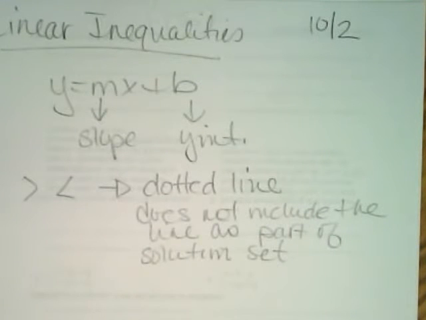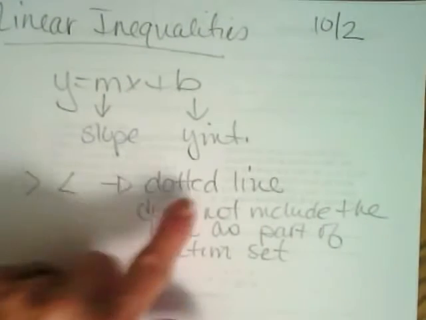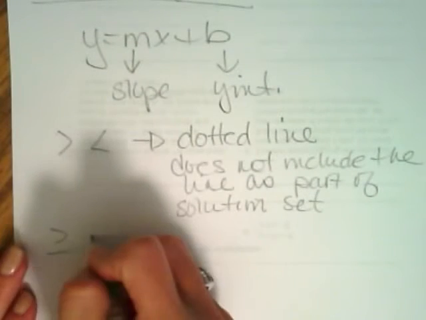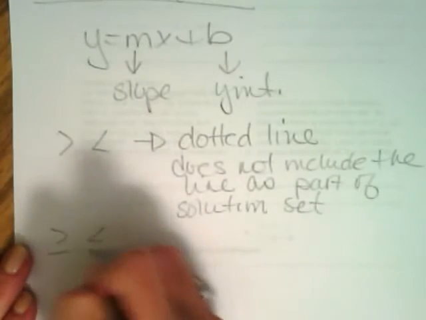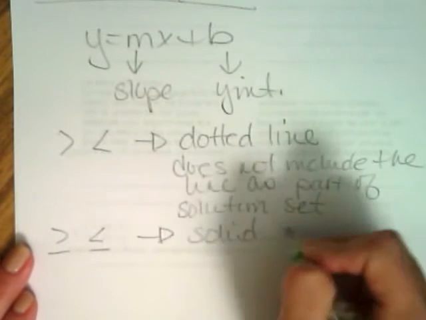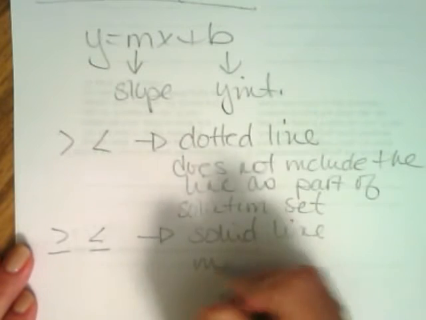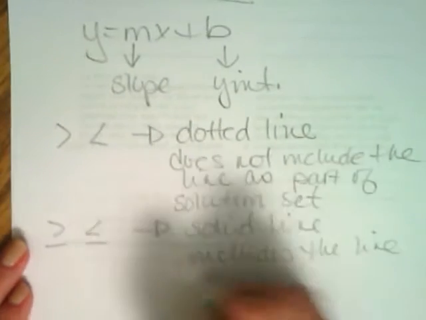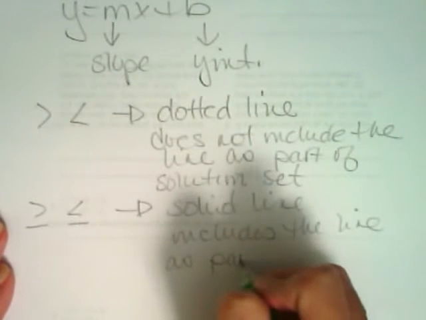So now we're dealing with inequalities. If it's a greater than or a less than, then it's a dotted line, so that line will not be a solution. Now, if I do greater than or equal to, less than or equal to, that's going to be a solid line, and it includes the line as part of the solution set.